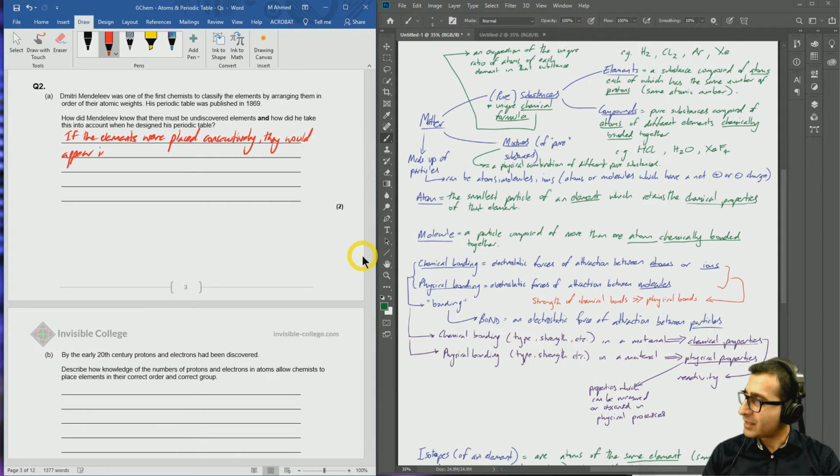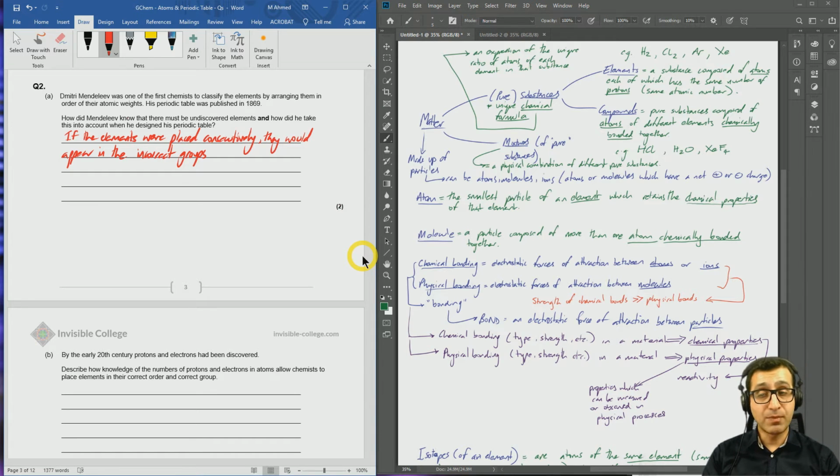They would appear in the incorrect groups. Now remember, elements in the same group of the periodic table have similar properties, and therefore if the elements appear in the incorrect groups, they no longer have similar properties to each other. And if you recall, that is one of the bases on which Mendeleev organized elements into the same groups.